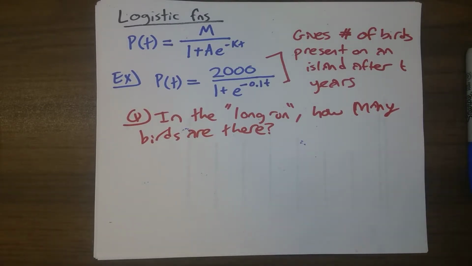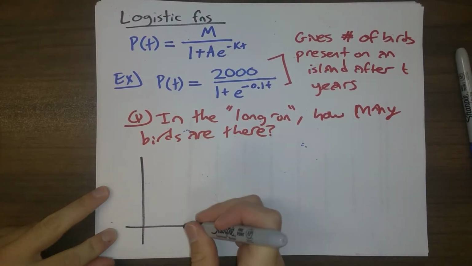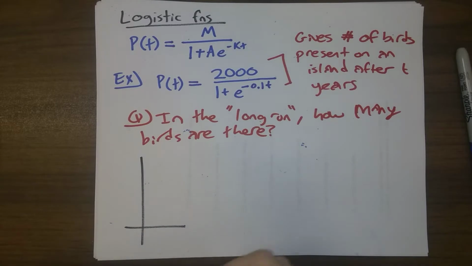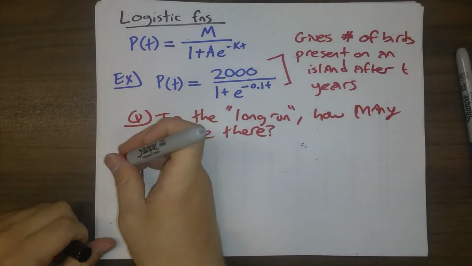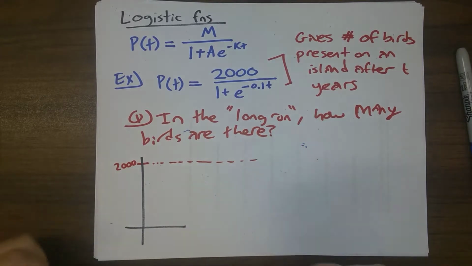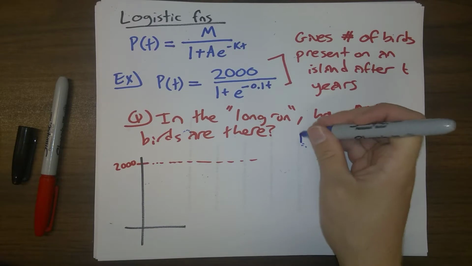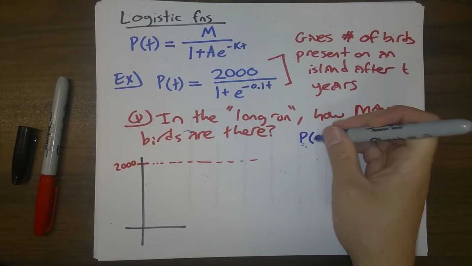And so if we graph it, the graph looks something like this. So first off, there are some things I want to fill in. First, let's plug in p of 0.